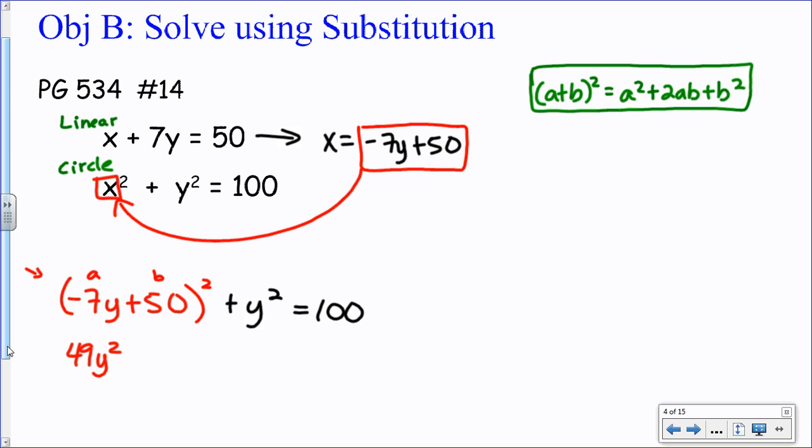So negative 7y times 50 is negative 350, good, times 2. Good, negative 700y. Good. And then b squared. So 50 squared is good. Okay.